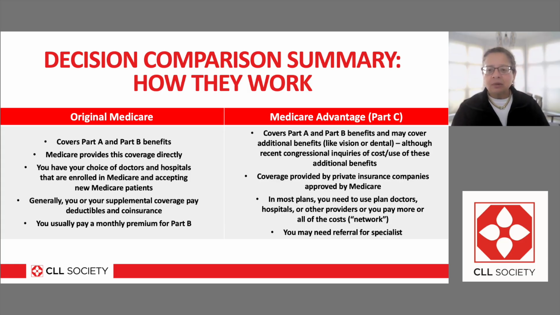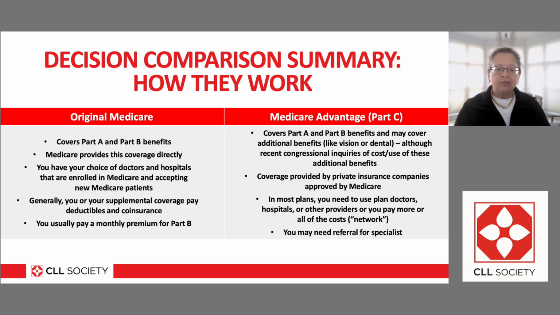So this is really just a summary of what I already just explained, but in the form of a side-by-side comparison. Let me see if there's something I should call out that I haven't yet. So I maybe will point out when it says on the left side, your supplemental coverage may pay your deductibles and coinsurance, that's referring to the Medigap policy.